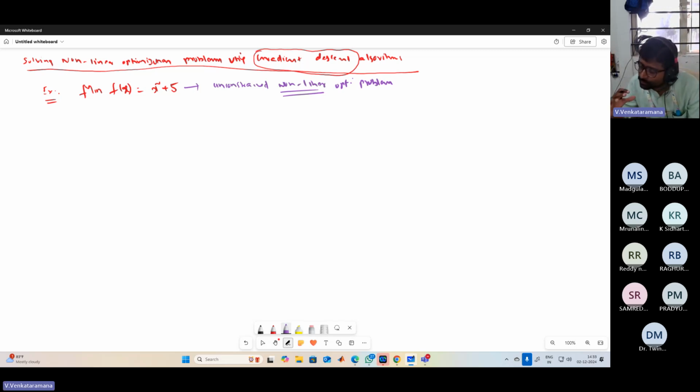Moreover, in machine learning and deep learning, we require this unconstrained non-linear optimization only. That's why I'm explaining the solution for an unconstrained non-linear optimization problem using the gradient descent algorithm. Later, I will apply the same gradient descent algorithm to our machine learning and neural network part also. That's why the first day is very important. If you are already familiar with neural networks, that's not required.